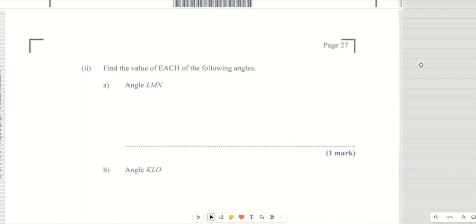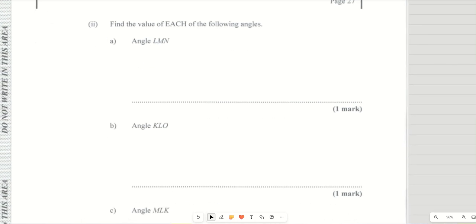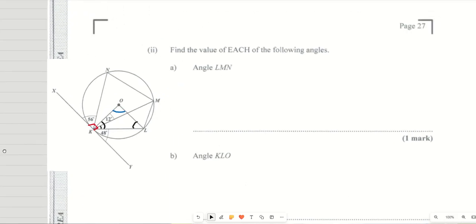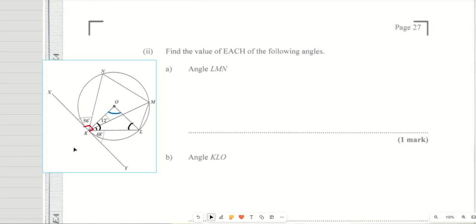Alright, then they said find each of the following angles. Okay, so for this question, I am just using the image that I have here, just so that I wouldn't have to go up and down, up and down. So they said find each of the following angles, L, M, N. So that means we want this angle LMN.